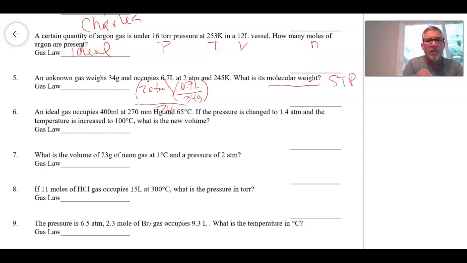T1 is 245 K. Is equal to, we're going to go to STP, so 1 ATM, 22.4 liters per X grams, divided by 273 K. So when you get the answer to this, you're going to get grams to the -1.